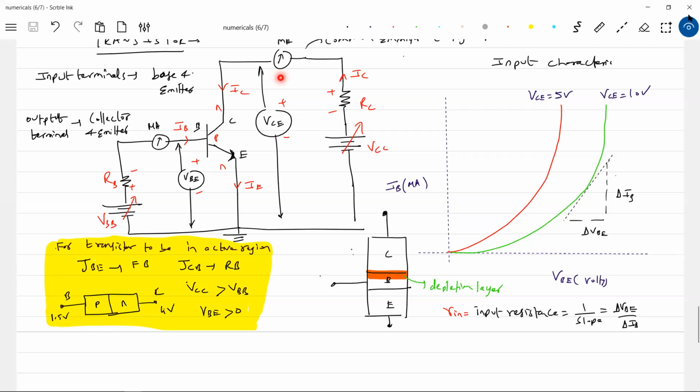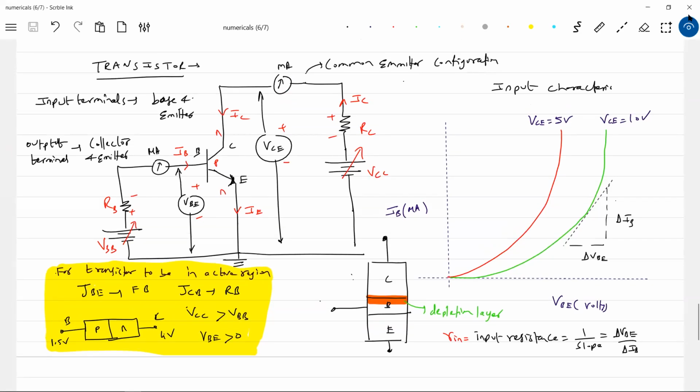Okay, let's go for the output characteristic. What is the output characteristic? The output terminals are collector and emitter. How VC and IC are related as you vary VB, for different values of VB, that we will check.